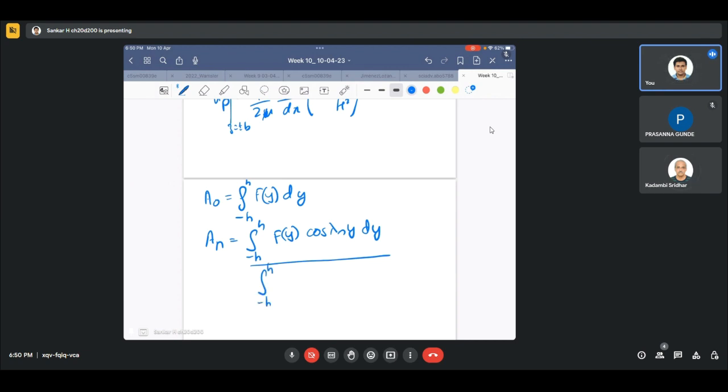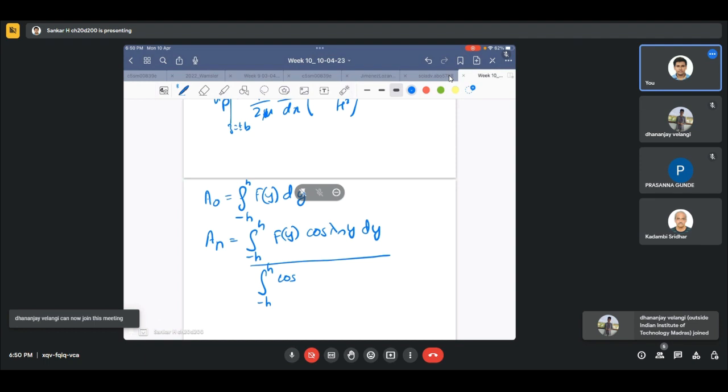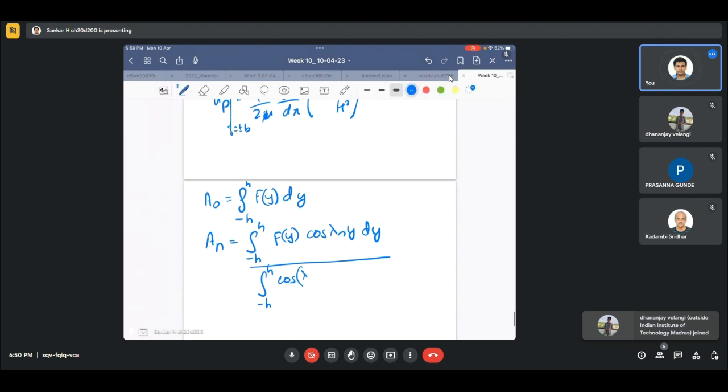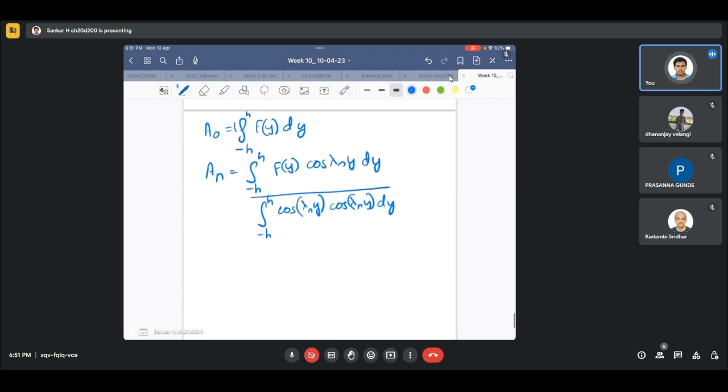So, we write a naught as the integral of f of y dy, and a n as the integral of f of y cos lambda n y dy, divided by the integral of cos lambda n y times cos lambda n y dy, and we see that there is a 1 by h over here.